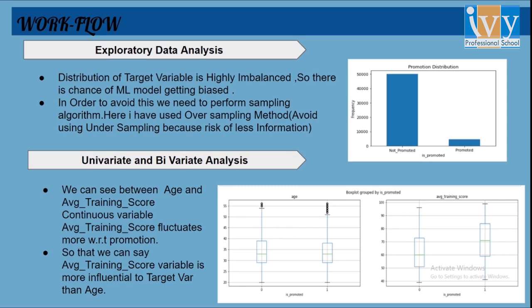Let's come to univariate and bivariate analysis. I have attached two box plots for two continuous columns, that is the age column and average training score.